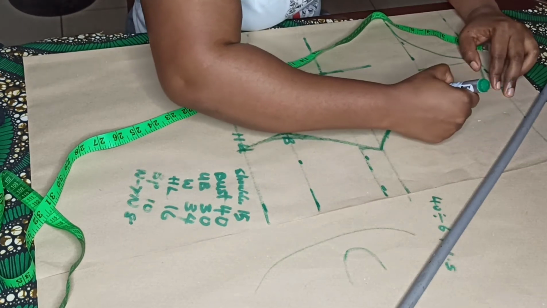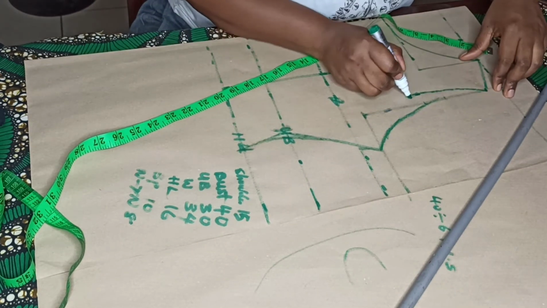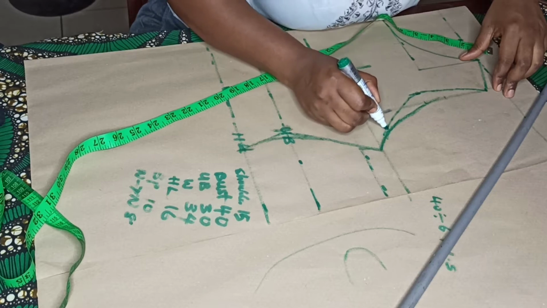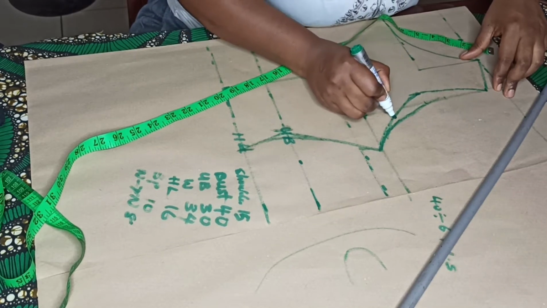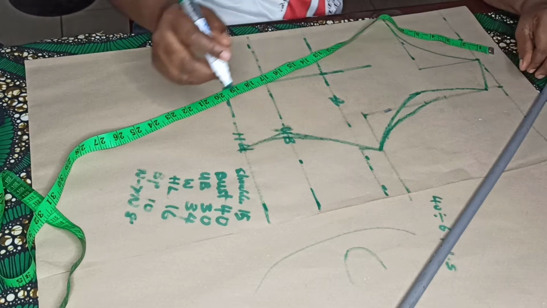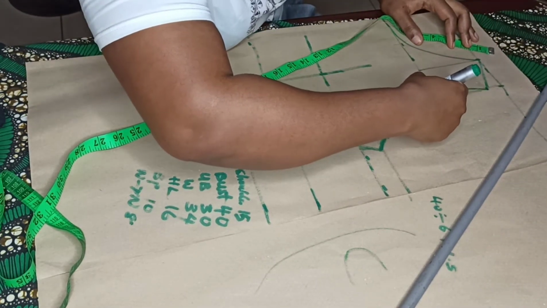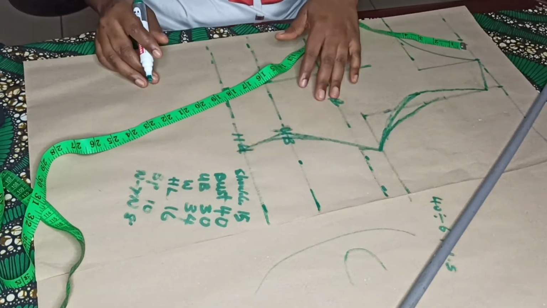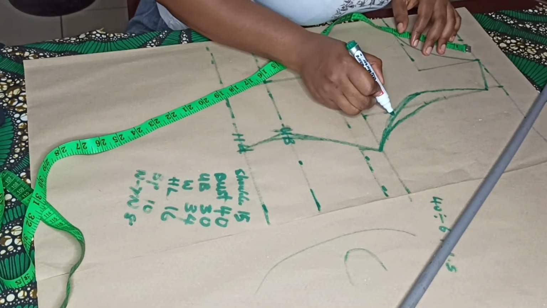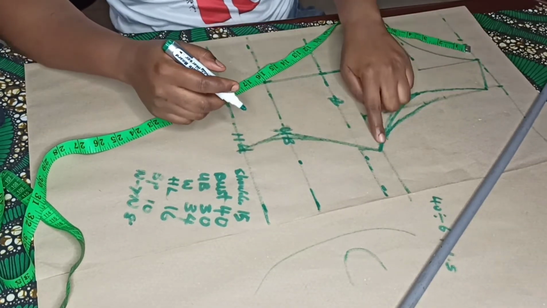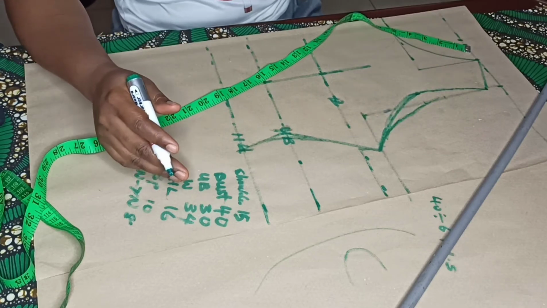So this is the way it's going. Yes, are you guys seeing it? I don't know if you guys can really see what I'm doing. So yes, this is the way you connect it. It goes in and then connects to the armhole.